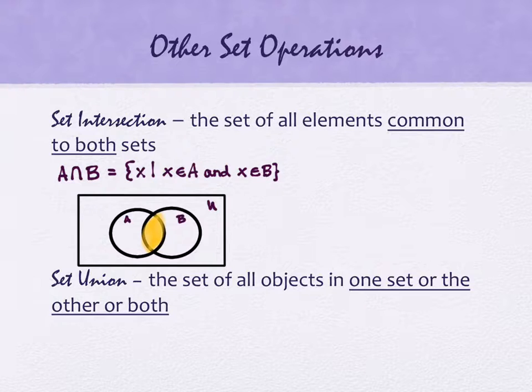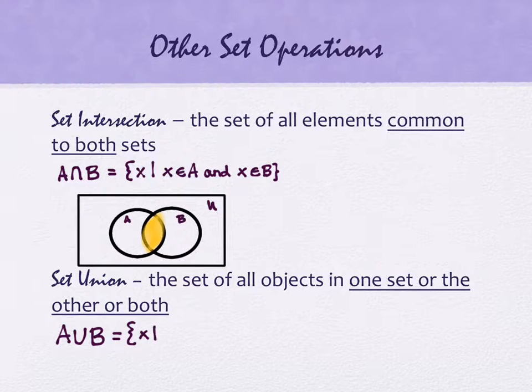All right, let's do union now. The set union is the set of all objects that are in one set or the other set, or both. Notationally, it looks like a U. So U for union, N for intersection.